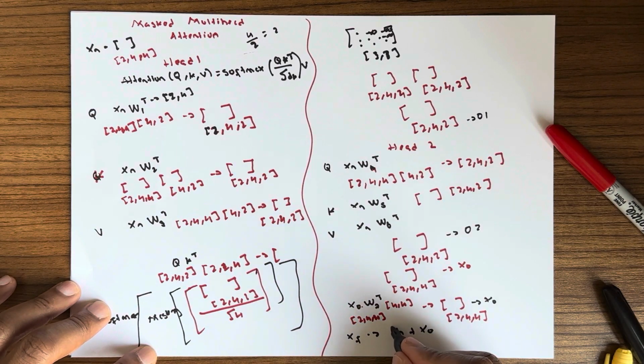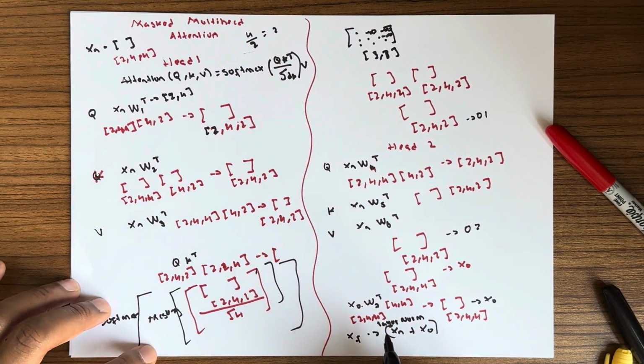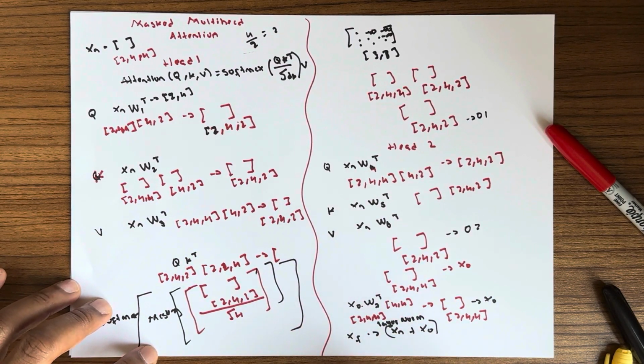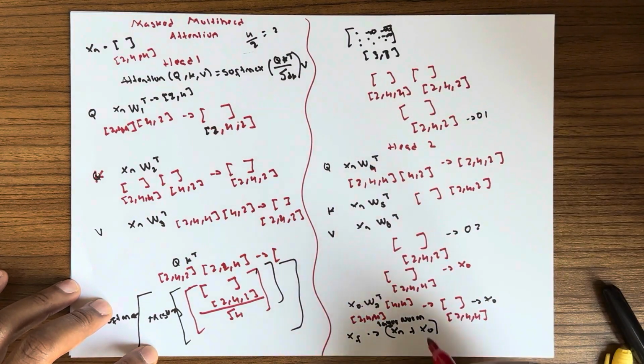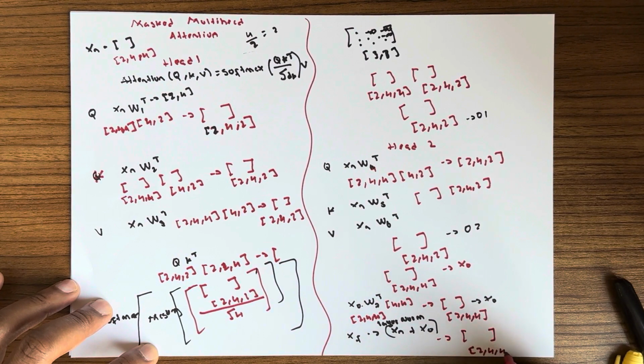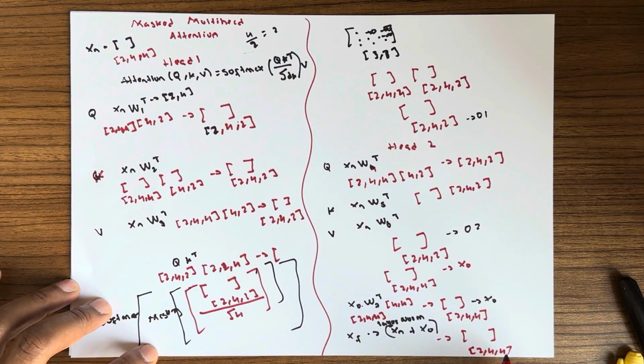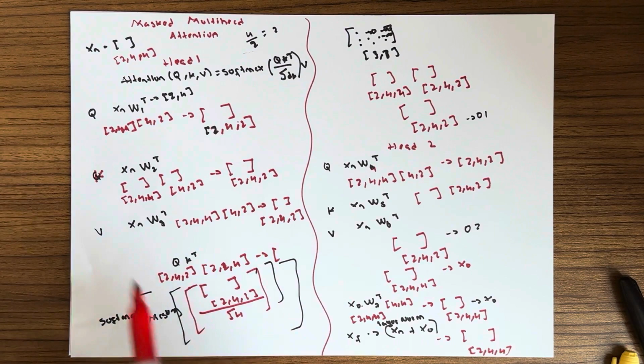We add them, then we apply a layer normalization. I'm not going to go deep into it, but it stabilizes learning and accelerates training. So the dimension is still going to be 2 by 4 by 4. Notice 2 is the batch size, 4 is the block size, and 4 is the embedding dimension. So we are back to the same dimension that we started with, which is xn.